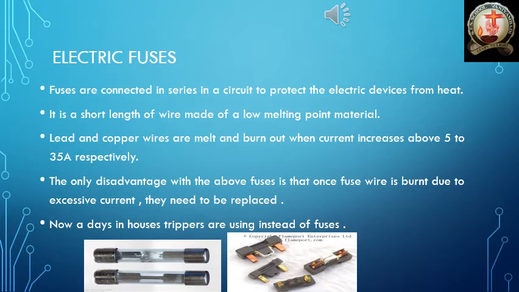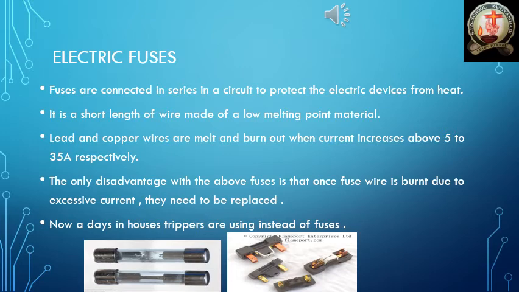But whenever the current flows at 5 amperes to 35 amperes, those lead and copper fuses will burn out. So this is the capacity of lead and copper fuses: 5 to 35 amperes respectively.